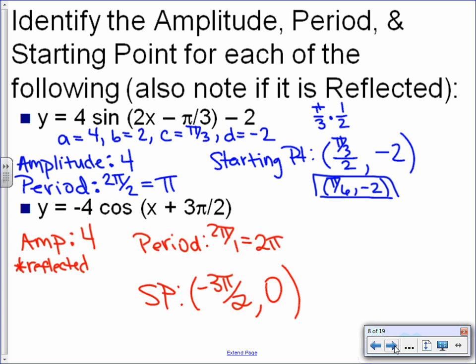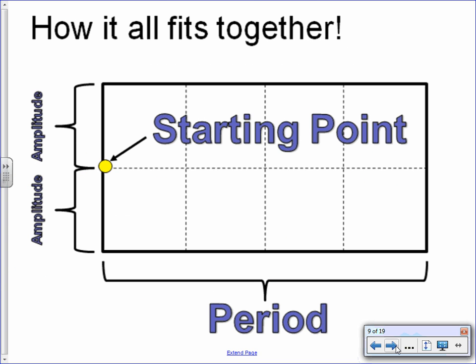Everyone have one? We're starting with the sine and cosine side. This is how we make our frame. Our starting point does not tell us where our graph starts. Our starting point tells us where our frame starts. So we're going to graph our starting point first.